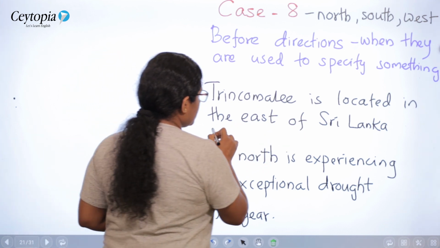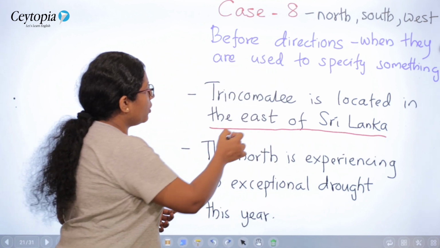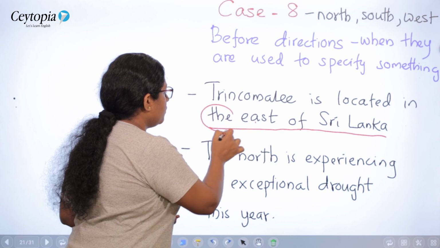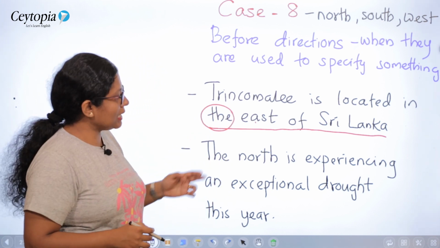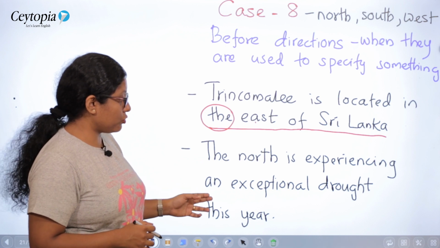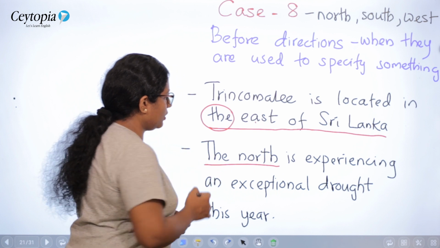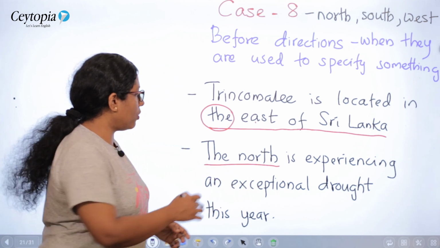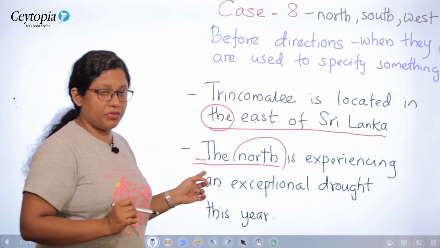Take a look at this prepositional phrase, the east of. So, before the direction word we use the east of Sri Lanka. The north is experiencing an exceptional drought this year. This is the area, the location. The north, before the direction we use the definite article.